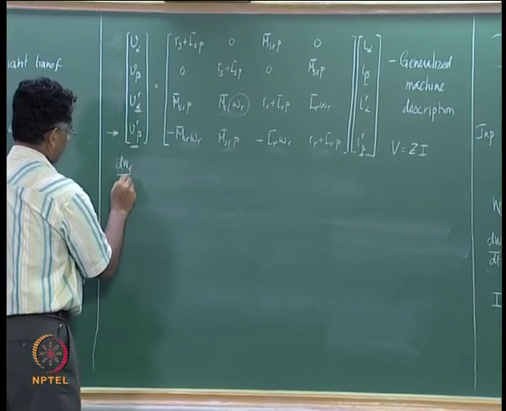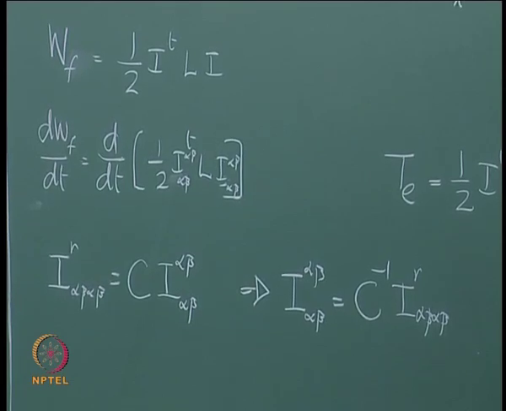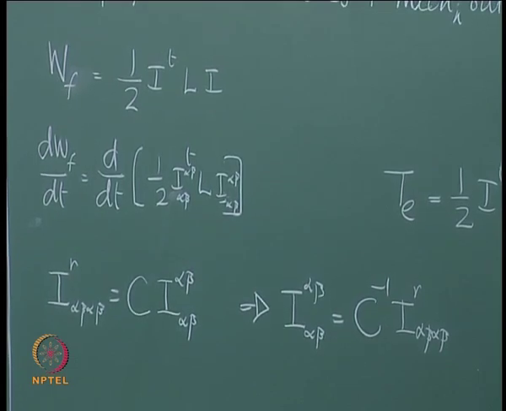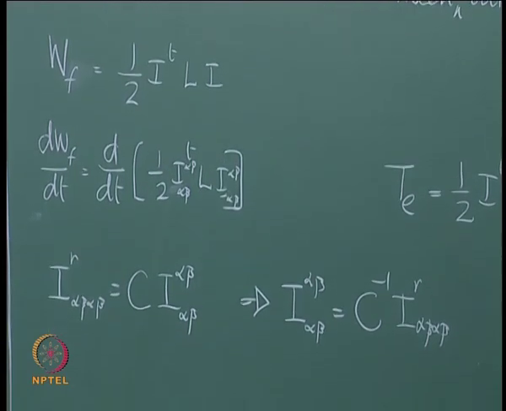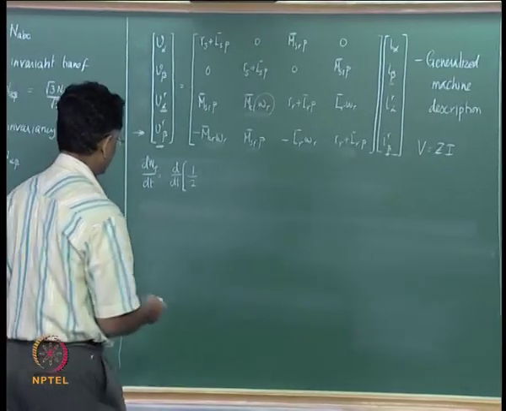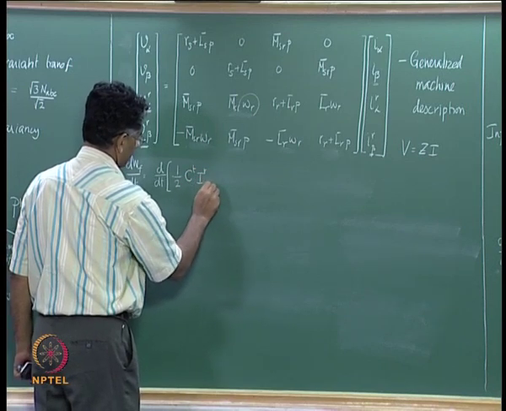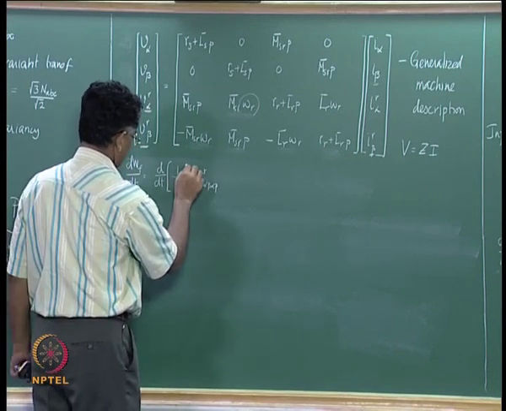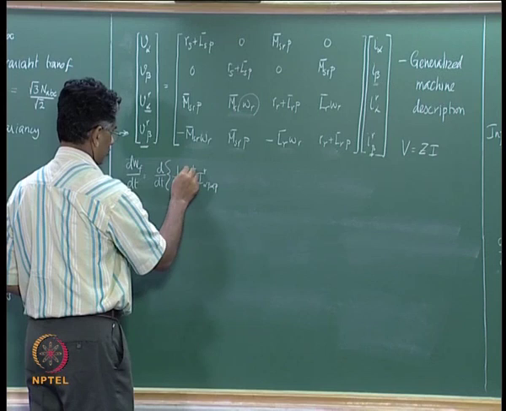So you have dWf by dt equals d by dt of half of C inverse I alpha beta, and we know that C inverse is nothing but C transpose. So you have C transpose I r alpha beta, and maybe I will put a flower bracket here since there are now more brackets.